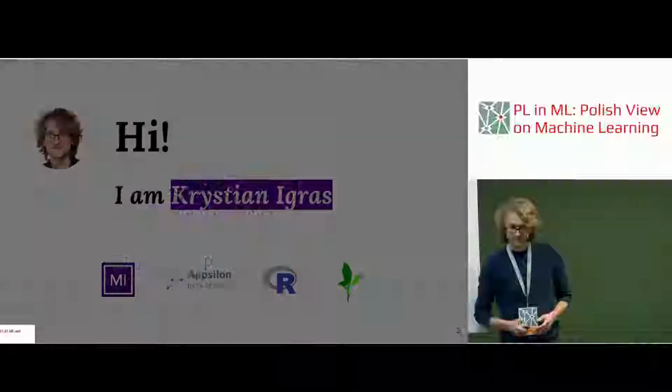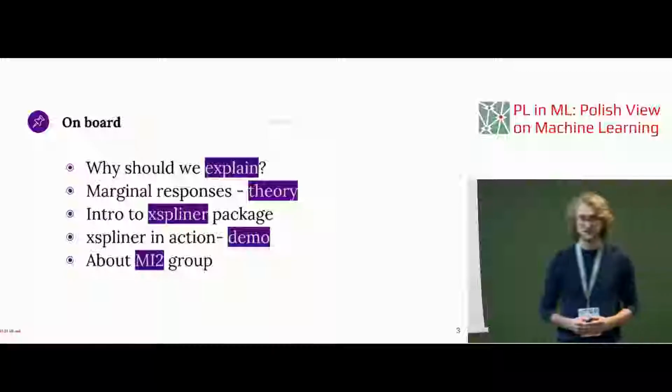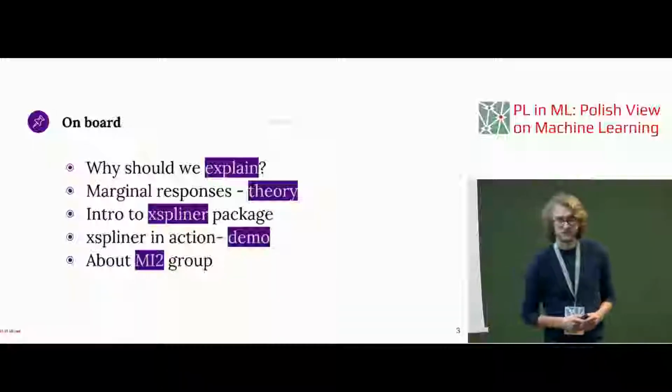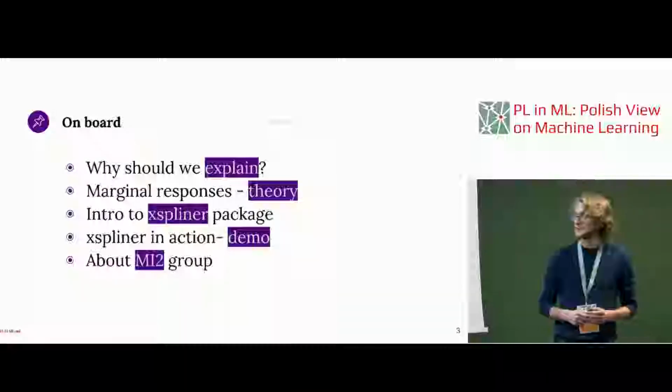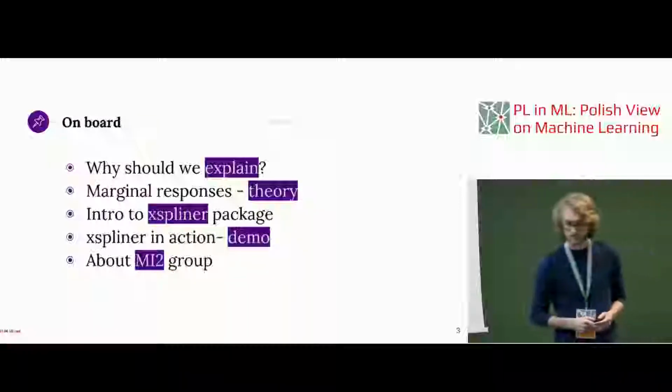So let's start. Let's make a short spike about what I am going to tell you about today. At first, I will start to bring you closer to the issue of explaining black boxes and machine learning models.